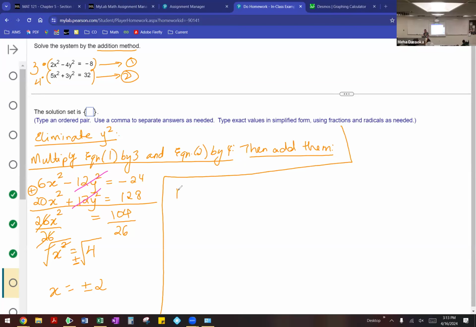All right, so let's find the y value next. We'll start with x equals positive 2 first. I'll use the second one, 5x squared plus 3y squared equals 32. Our x value is 2, so that goes as 5 times 2 squared. 2 squared becomes 4, and 5 times 4 becomes 20.